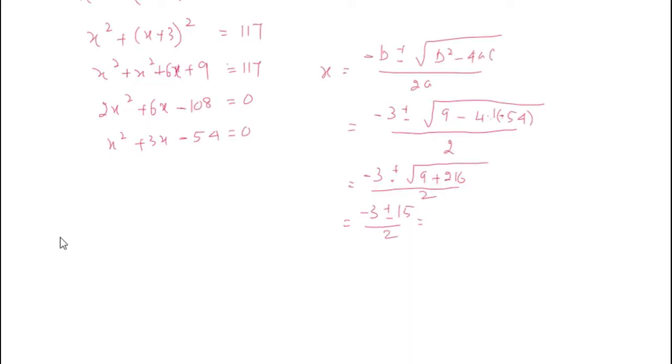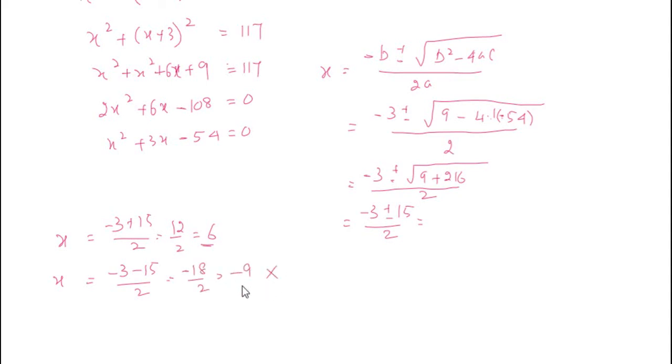Two values of x are x equal to minus 3 plus 15 divided by 2 equal to 12 divided by 2 equal to 6. Another value is x equal to minus 3 minus 15 divided by 2 equal to minus 18 divided by 2 equal to minus 9.